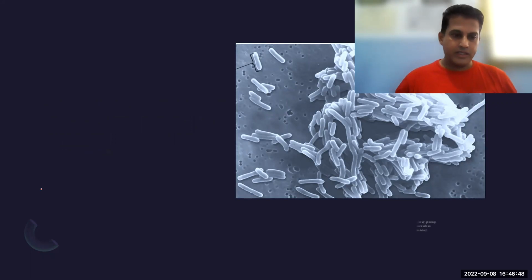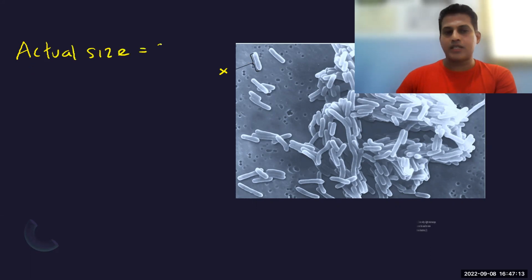You can see a single bacterium named X here, and the length is also indicated here. So we have to find the magnification, right? What we have is only the actual size. Actual size is 0.5 micrometer.